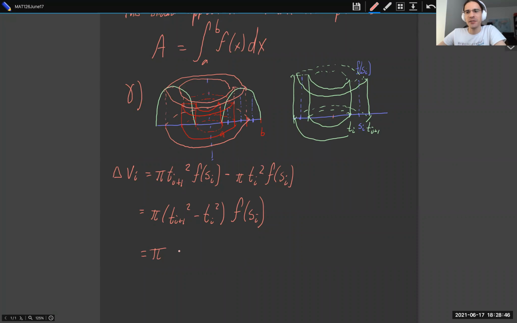What factorization do I do? t sub i plus 1? No. Well, yeah, that's that term. And then, well, it's a squared minus b squared, right? What's a squared minus b squared? How do I factor this?